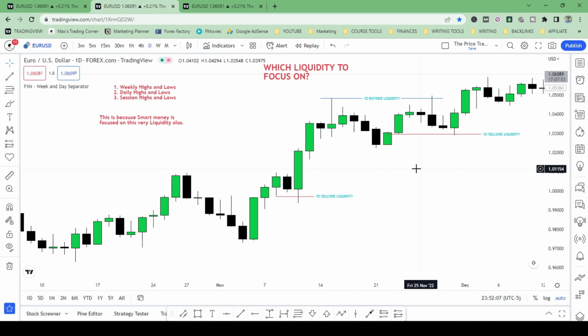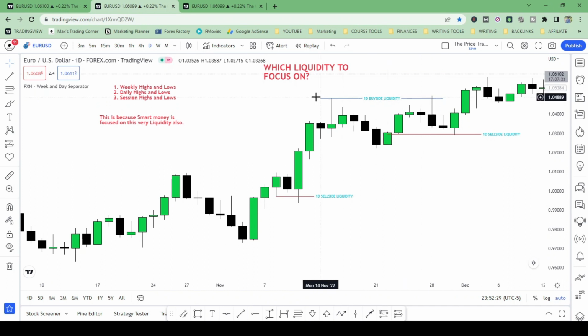Another level that I like to watch, maybe you can enter into the daily chart, is the daily liquidity. If we have no near term weekly liquidities, we can be focused on the daily highs and lows. For instance, this sell side liquidity right here: we see that the market was moving from a buy side liquidity after taking out this high of 15th November 2022.